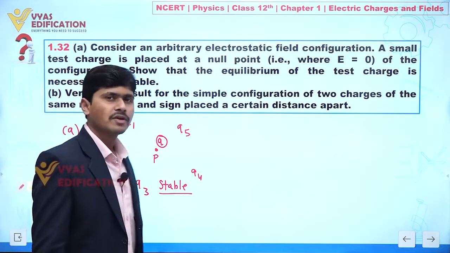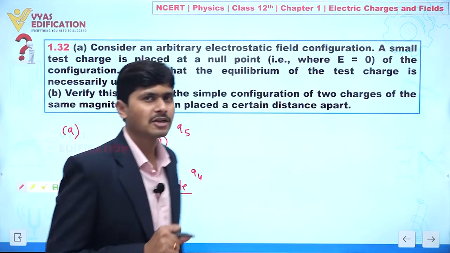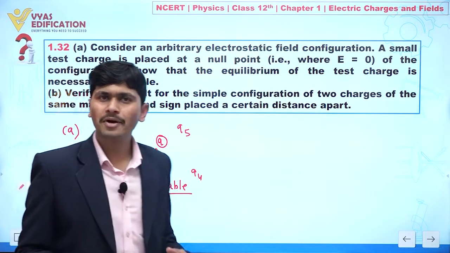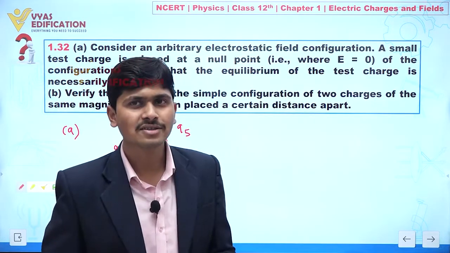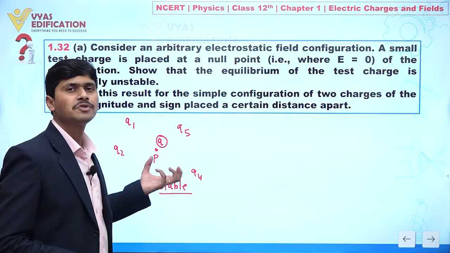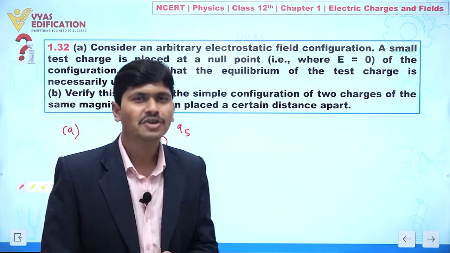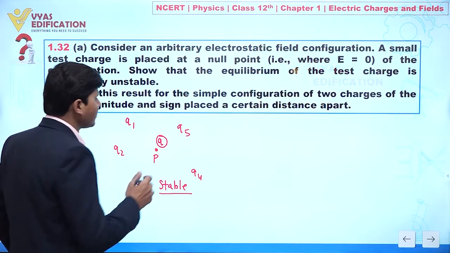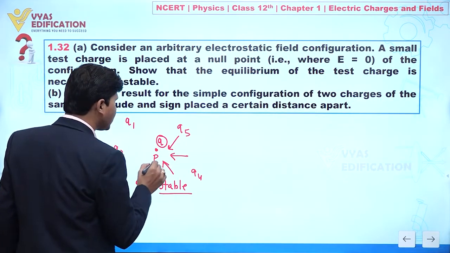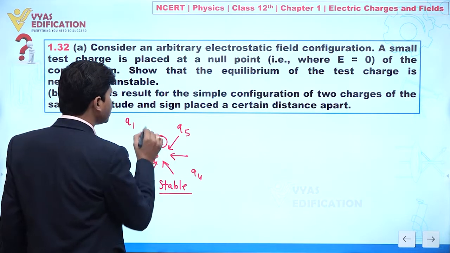So what is the condition for a stable equilibrium? If we displace this charge in any direction by a small amount, a restoring force will act on this charge, and this charge will again try to come to its original position at point P. Yes or no? Yes. It means electric field will act on this charge in one direction, either inward or outward.